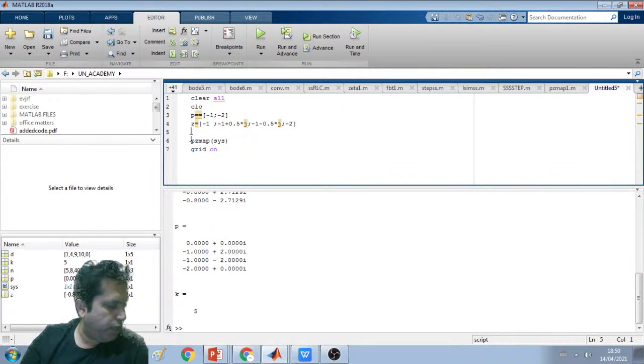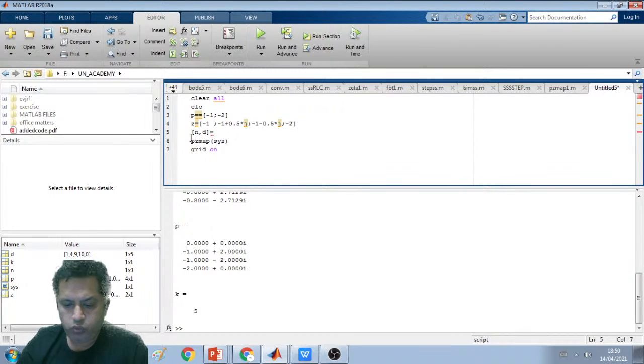Then I will say n comma d is equal to zero pole to transfer function. Sorry, we have to write down k equal to 10. So zero pole to transfer function z comma p comma k. This is the completion.